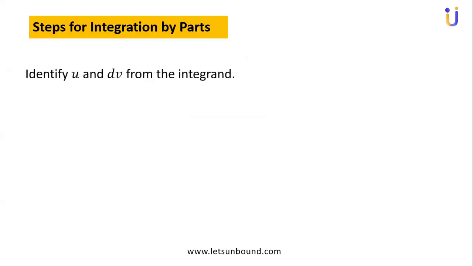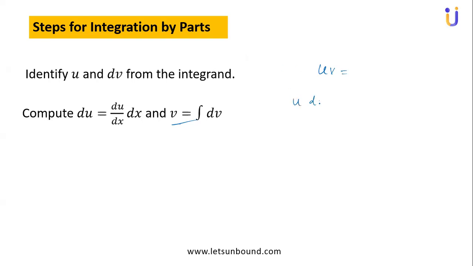So steps: identify u and dv from the integrand, compute du and v, because my formula has all of this. Integral u dv equals uv minus integral v du. You will choose u and you will choose dv. From dv, you need to find v, and also whatever else you need.